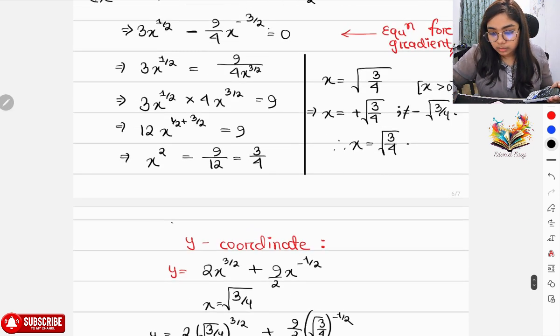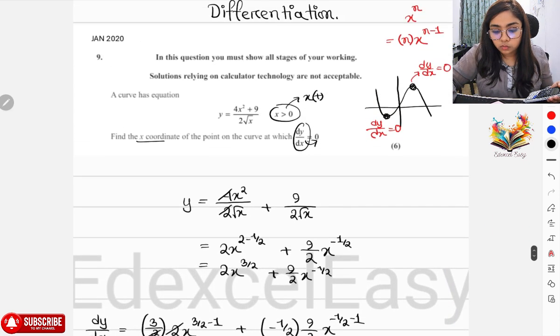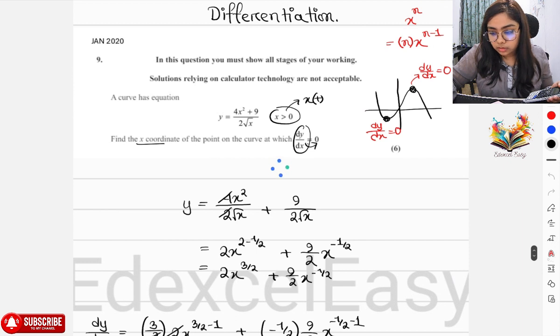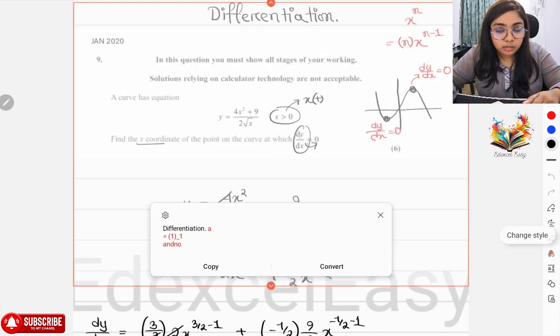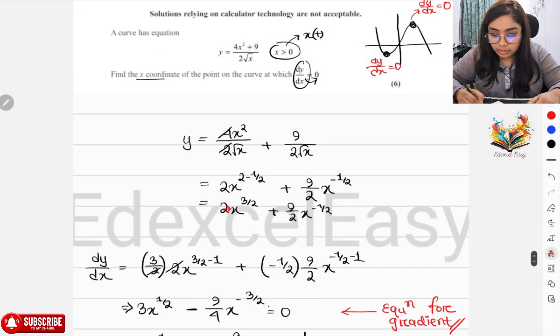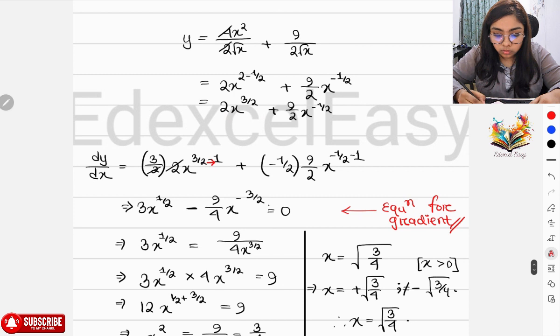And this is how you're going to solve all the differentiation questions. You can see what we did over there: we first simplify the equation. If it is not in one straight line, you have to simplify it and take all your x's in the numerator. After that, you differentiate with the rule: the power comes in front, and every power is reduced by 1.